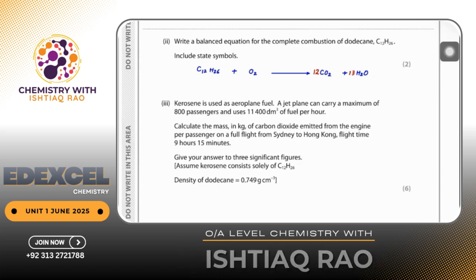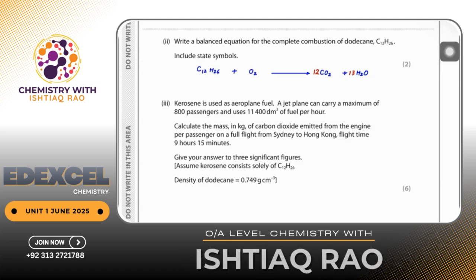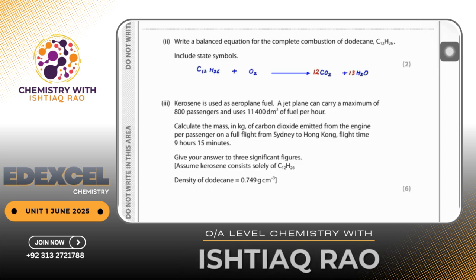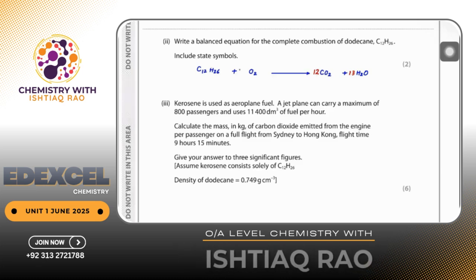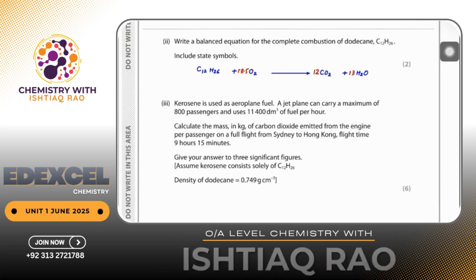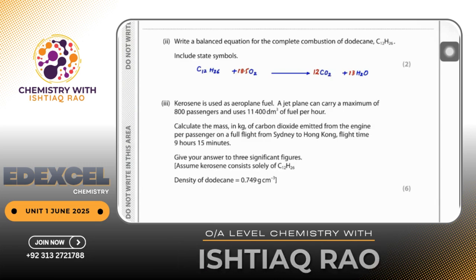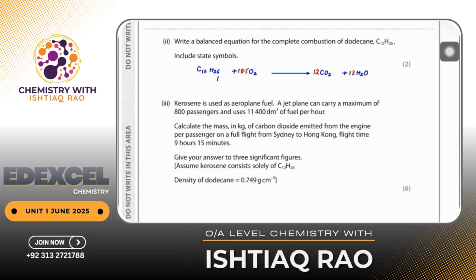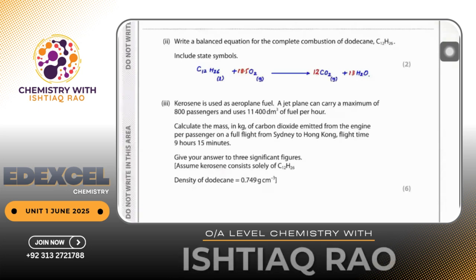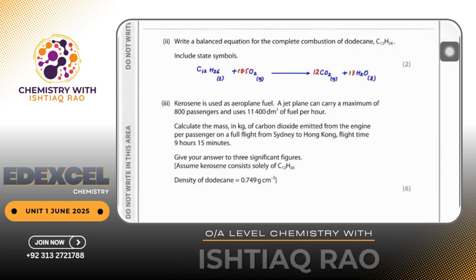Then we have to balance oxygen. So it's going to be 24 plus 13, 18.5. This is your balanced chemical equation. State symbols. This is liquid, right? Oxygen is a gas, carbon dioxide is a gas, and water is liquid.